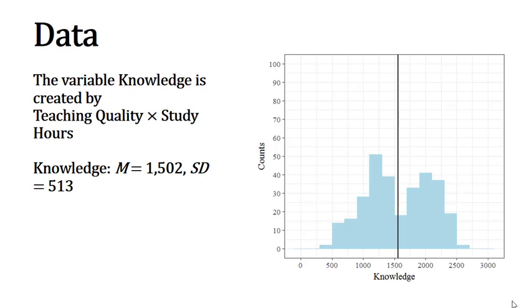A variable in which both variables are important, and if you have very low values in one of the variables, having very high values on the other variable may not compensate as much. Okay, so basically these are now the data that we are going to use to compare the models.